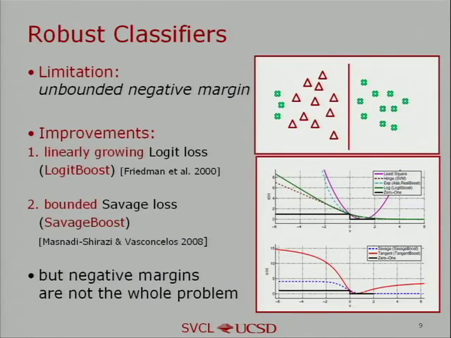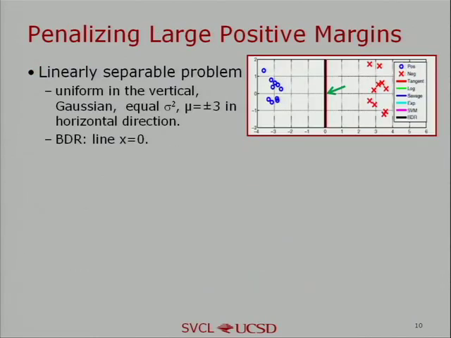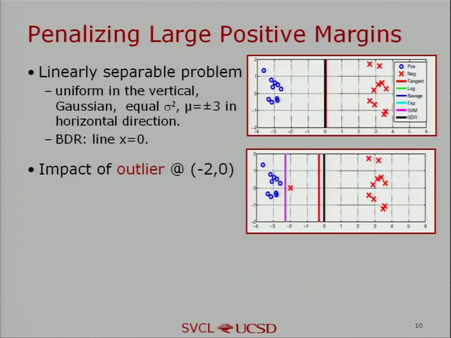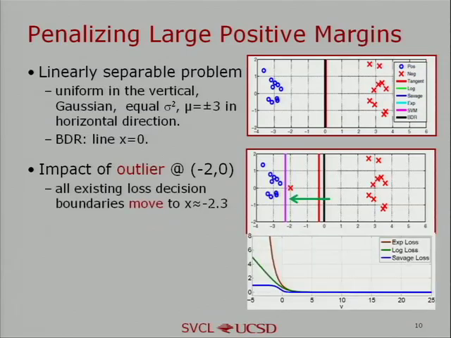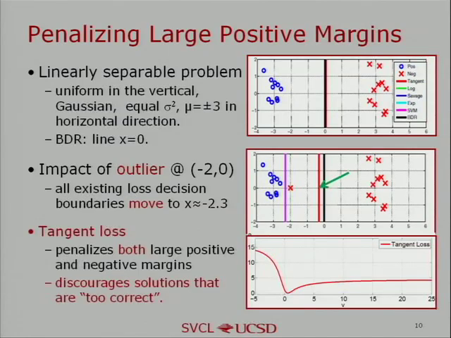The other is when you can be completely right and still have an outlier. So the savage and the log deal with the first type, but you also want a loss that looks like this that can penalize being too correct when you have outliers, just to get across the point of having a loss function with a shape like this.